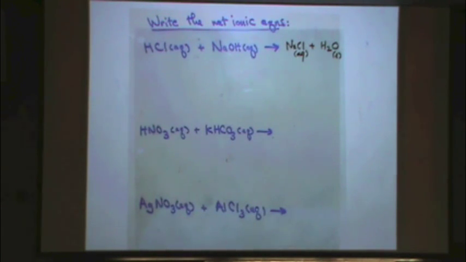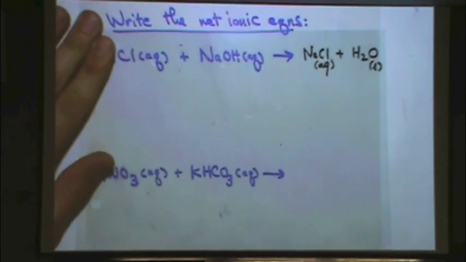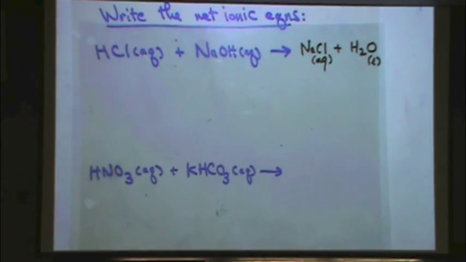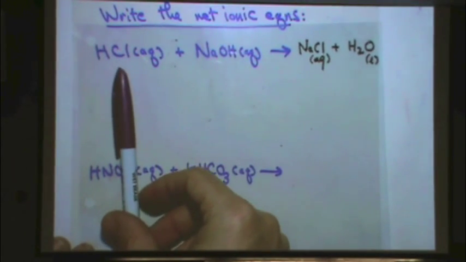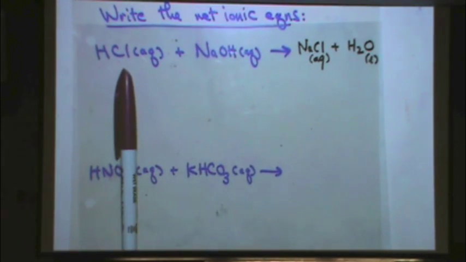Now let's do our final step, step 3, and that is figure out what's an electrolyte. Let me zoom in for this part. The first one I'll let you know is a strong acid. If it's a strong acid, is it a strong electrolyte? Yes.